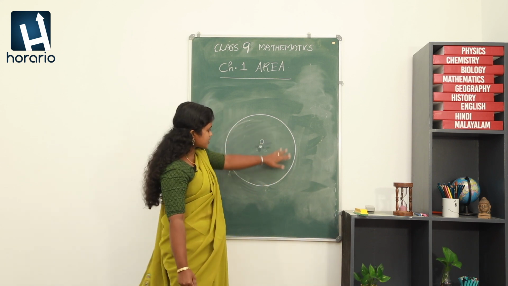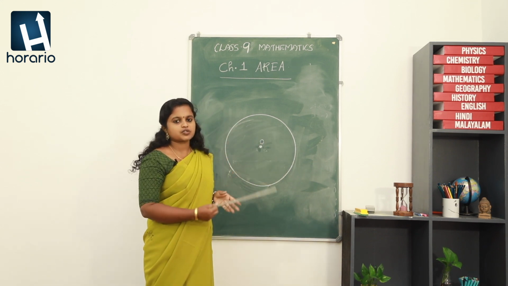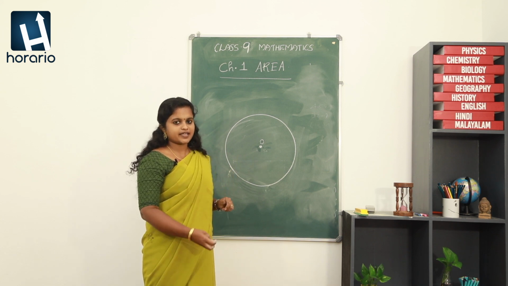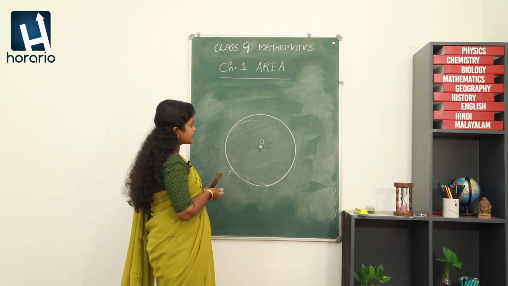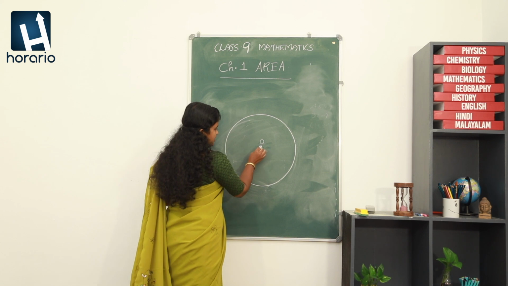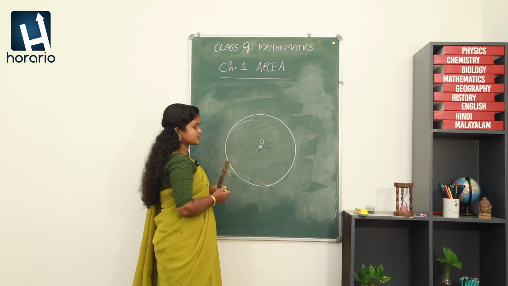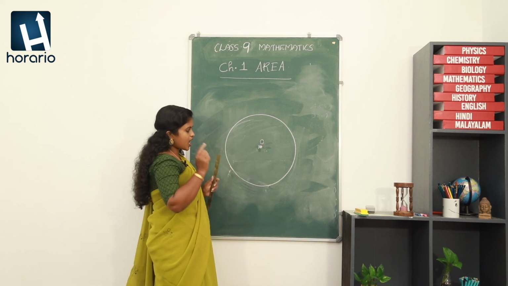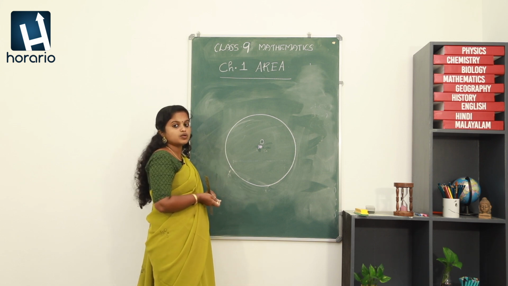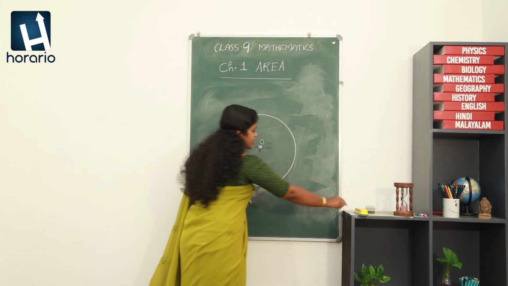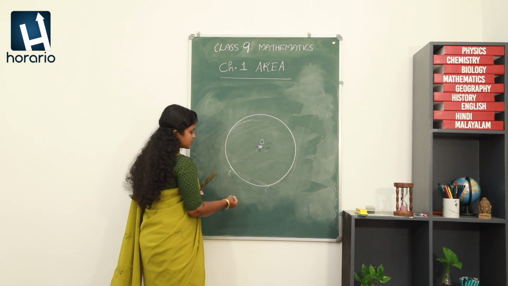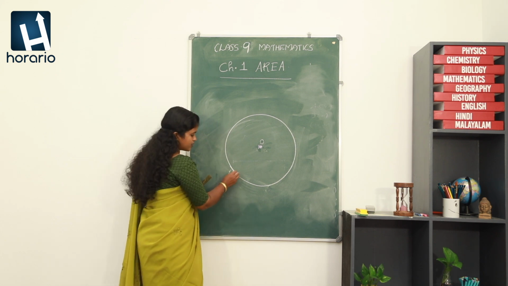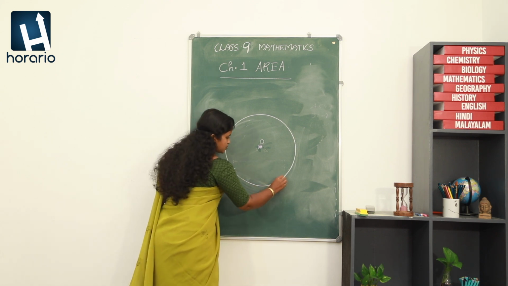So I have drawn a circle on the board. Now we need to construct a triangle. It is said that one of the vertices should be the center of the circle, so this can be taken as one of the vertices. Now the other two vertices should be on the circle. On the circle means we have to take the points on the circle. So any 2 points we can take. Let me mark these 2 points.